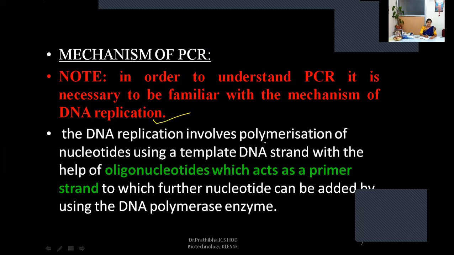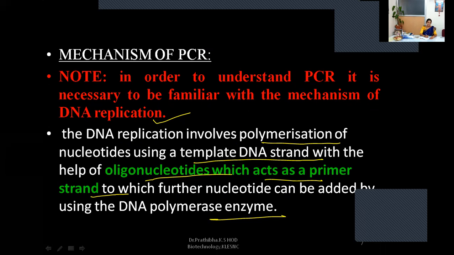DNA replication involves polymerization of nucleotides using a template DNA strand with the help of oligonucleotides, which act as a primer strand, to which further nucleotides can be added by the DNA polymerase enzyme.